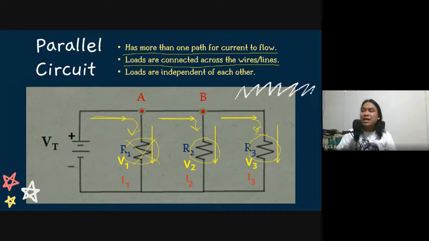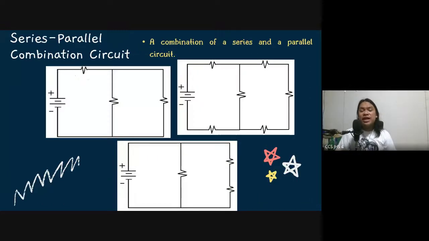Then let's go now to the last type of circuit that we have: the series-parallel combination circuit. This is a combination of a series and a parallel circuit. Looking at our example, load number 1 is connected along the lines, so it is connected to our circuit in a series manner.